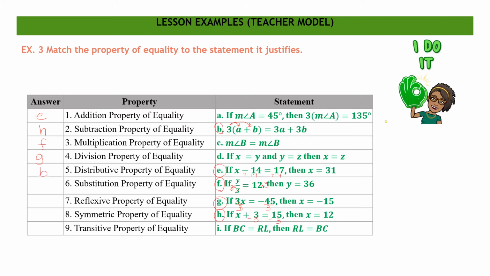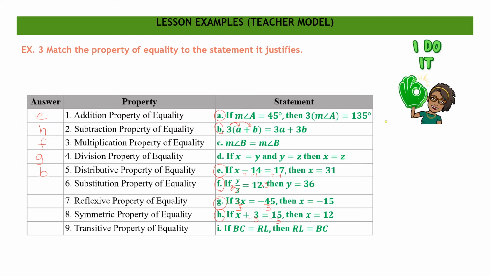All right, substitution property of equality. So with the substitution property of equality, I'm looking for something that I can plug in to make the statement true. Okay, I'm plugging something in to make a statement true. So if I'm looking at these statements here, I see that statement A here is a good example of the substitution property. It tells me if the measure of angle A equals 45 degrees, then 3 times the measure of angle A equals 135 degrees.